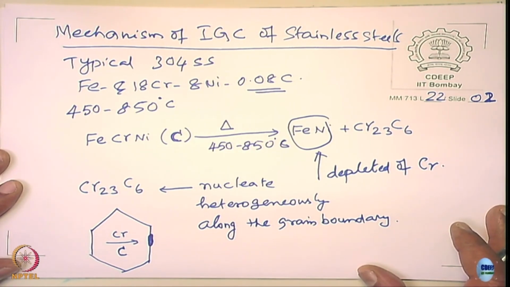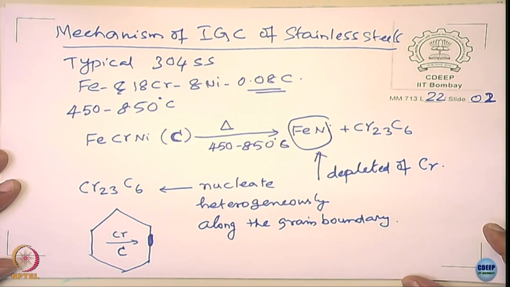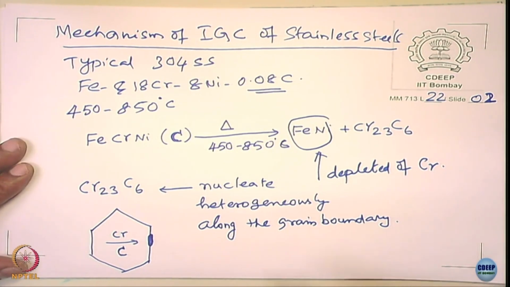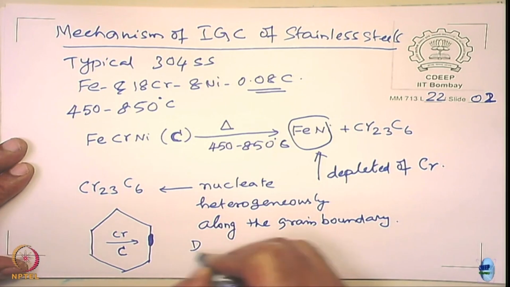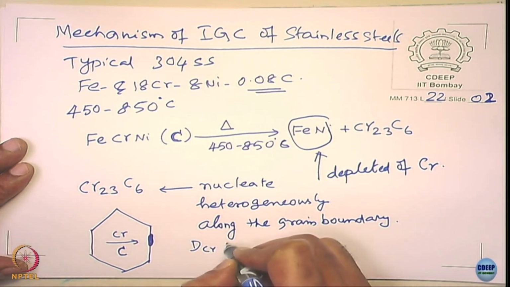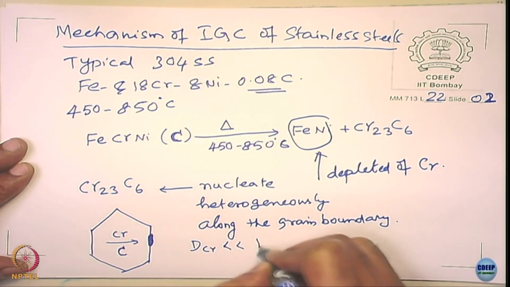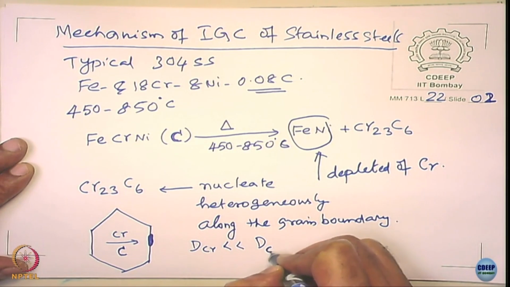Carbon diffuses at a fast rate, whereas the chromium diffuses at a lower rate. So what is the consequence of that? The diffusivity of chromium is much smaller than the diffusivity of carbon.